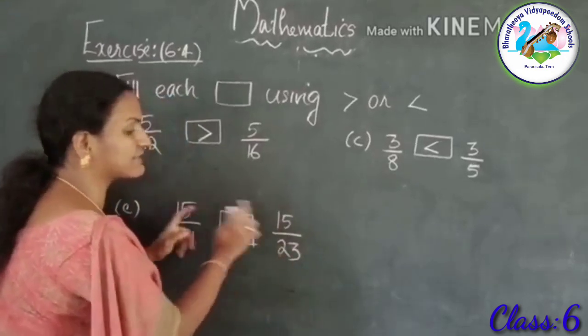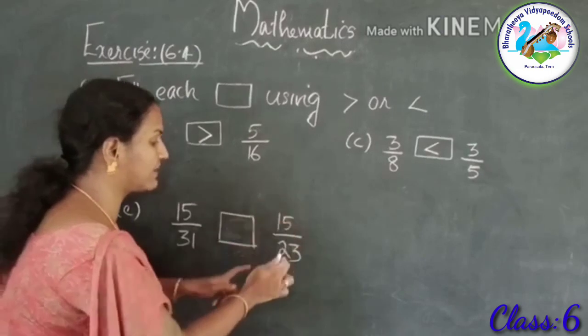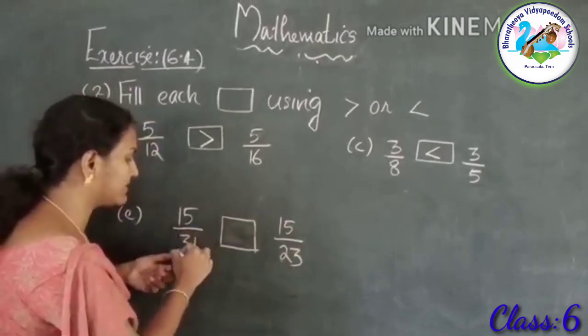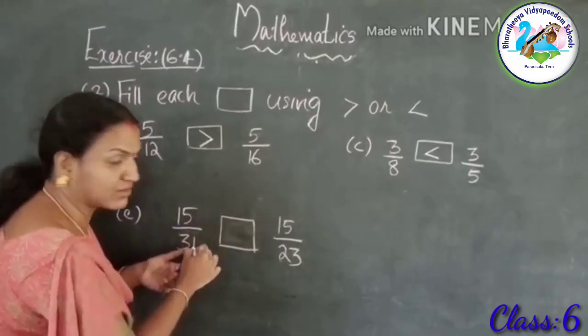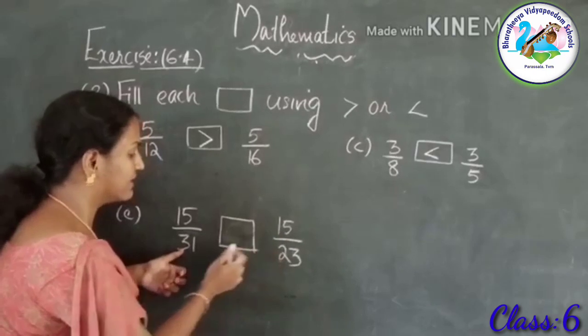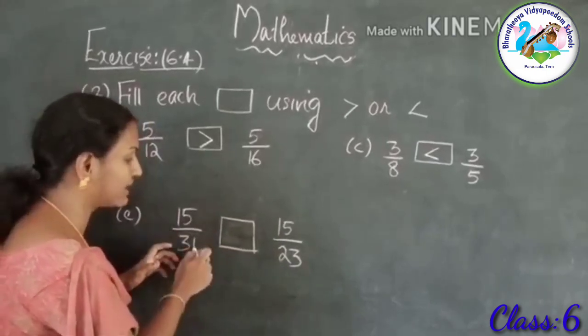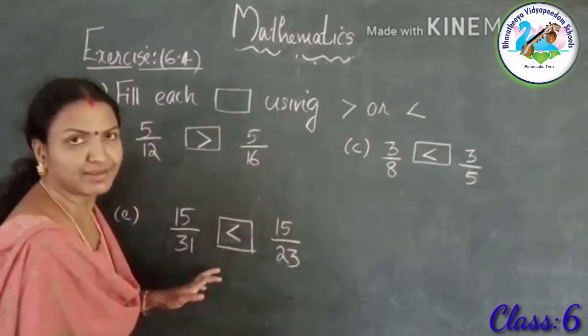Here the numerators are same. The greater denominator is 31. So the smaller fraction is 15 by 31. So 15 by 31 is less than 15 by 23.